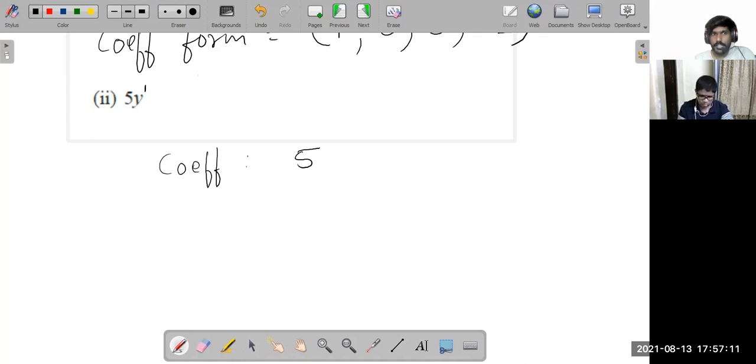The degree of this is 1, and that has y. There is nothing else present. But one thing is missing, the coefficient term. So you can put 5 comma 0. The constant term is missing, right? So we can write 5 comma 0. Is this clear? Write it down.